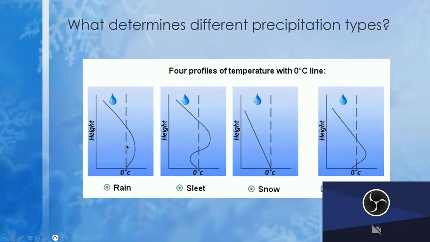So here are the profiles. With rain, it's just warm all the way to the ground. With sleet, there's a brief moment where the snowflakes thaw and then refreeze, and they come down in little pellets that bounce. Snow stays snow from the clouds above to the ground below.